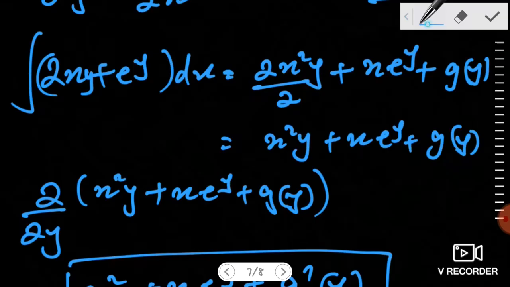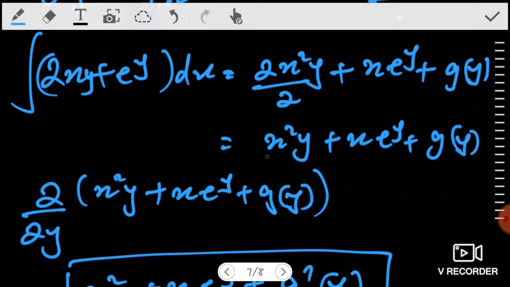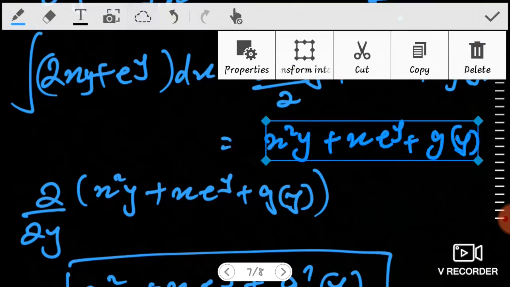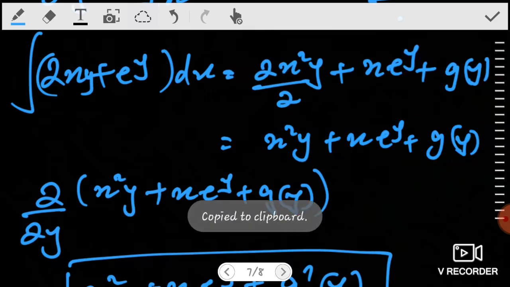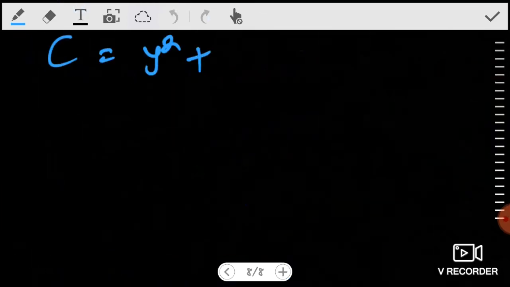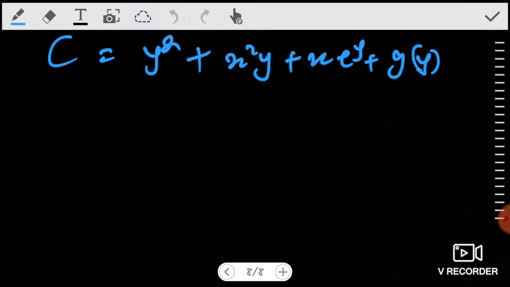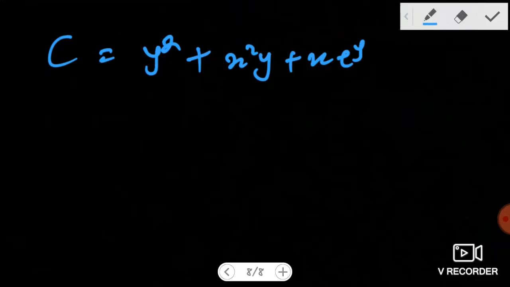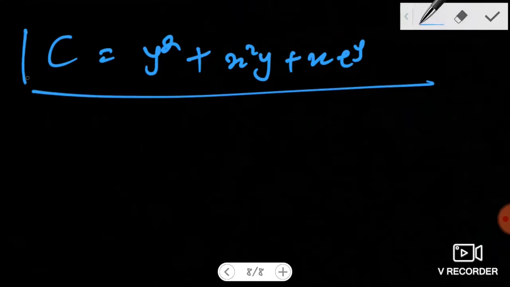So we are taking the whole of this, and only we have replaced this. Therefore, this would be the general solution for our problem.